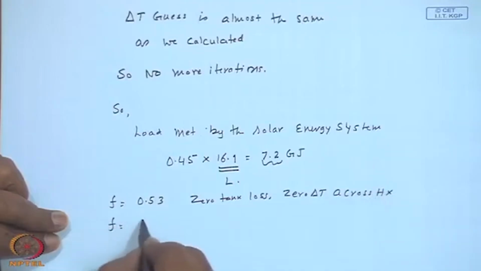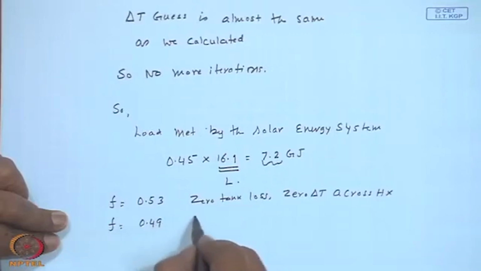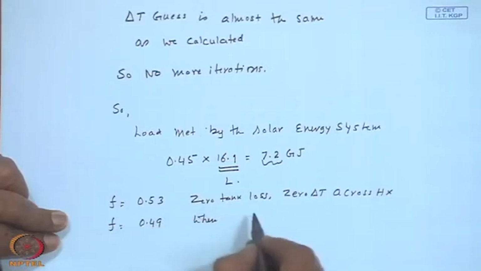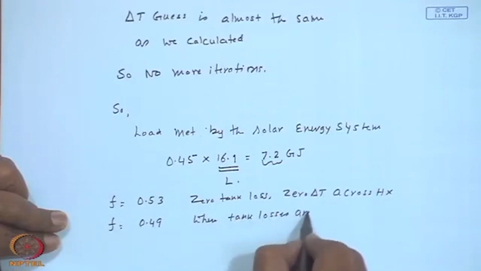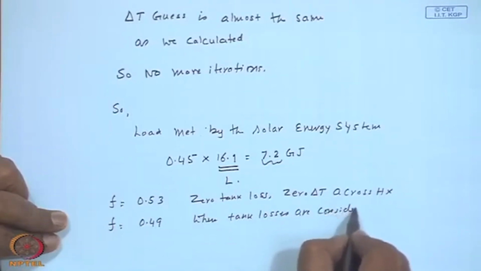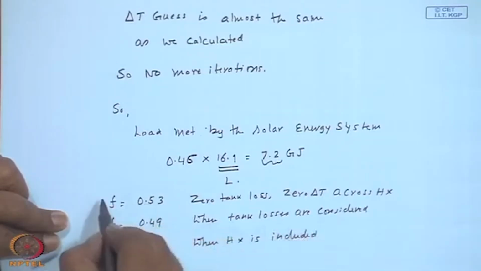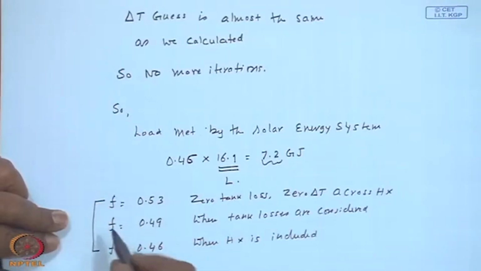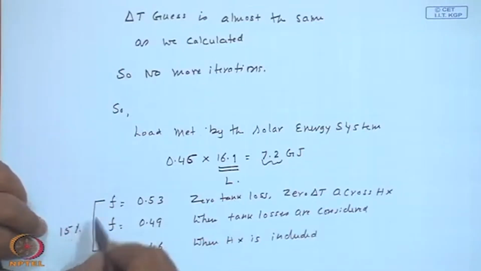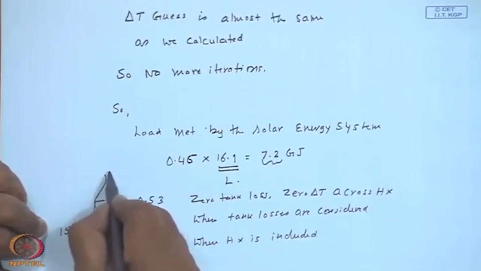Then this became 0.49 when tank losses are considered, and that became 0.46 when the heat exchanger is included. So, if you look from this to this, this is about 15%, and this is about 8%.